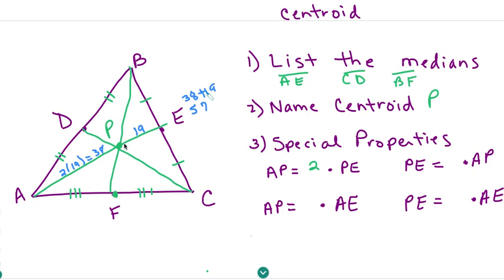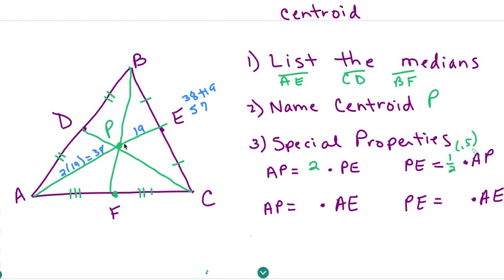So we now know that PE is half of AP. Now you can write the half, or you can also do 0.5. So if we take 38 times 0.5, that's going to give us our 19.